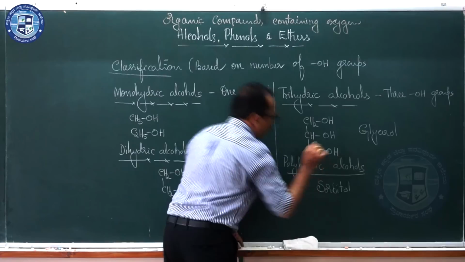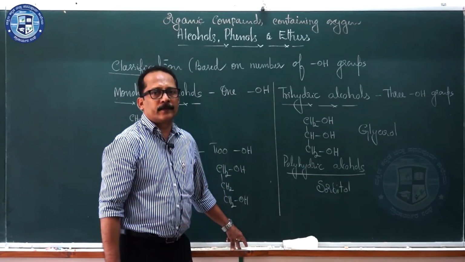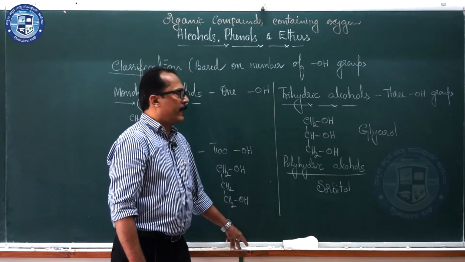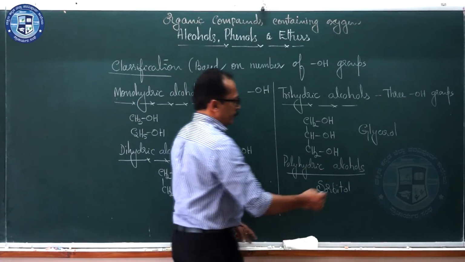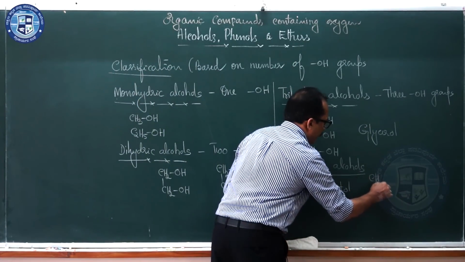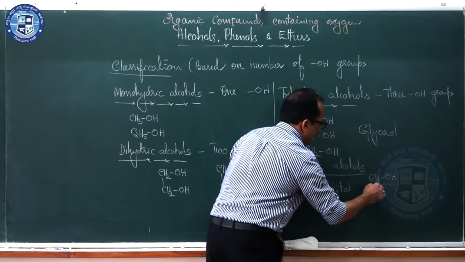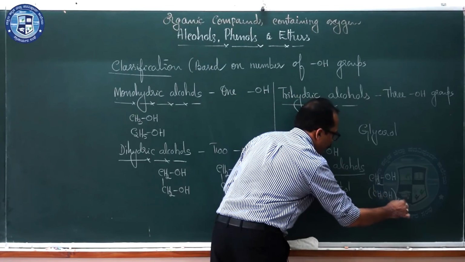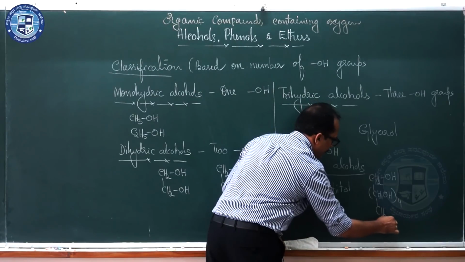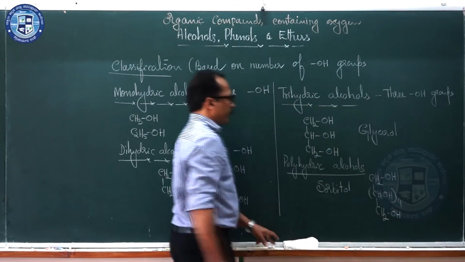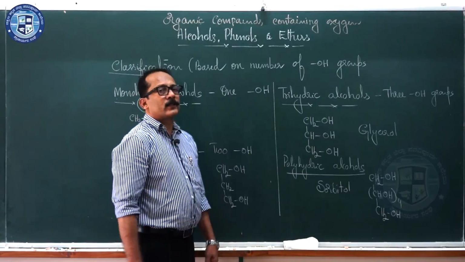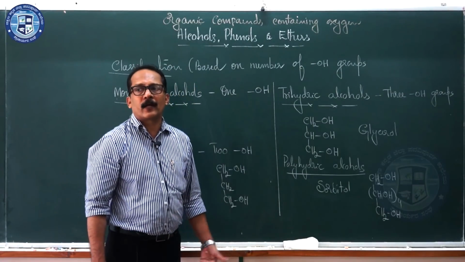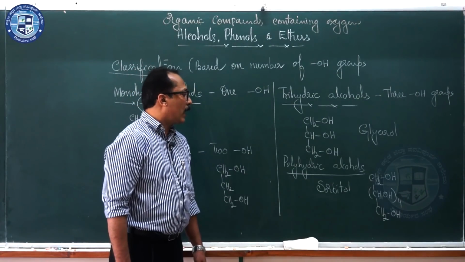This compound contains 6 OH groups. We can write the structure: CH2OH, CHOH four times, CH2OH. See, alcohols which contain more than 3 OH groups are called polyhydric alcohols.